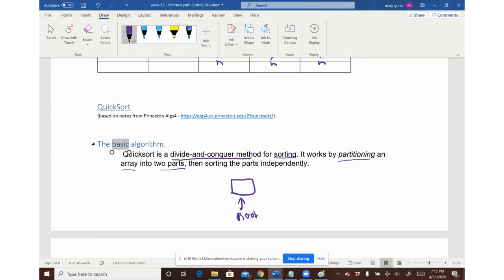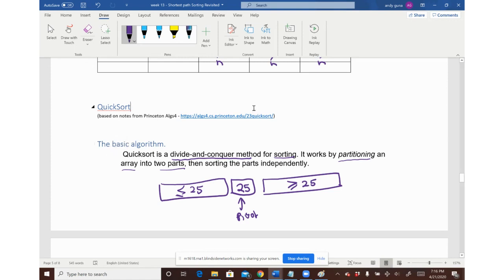There's a property of Quicksort that anything to the right of the pivot is greater than or equal to the pivot, and anything to the left of the pivot is less than or equal to the pivot. Clearly, if the elements are distinct, then we can use strictly less than or strictly greater than. So that's the basic idea.